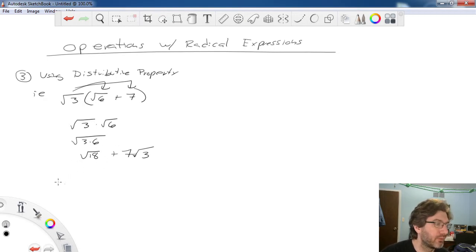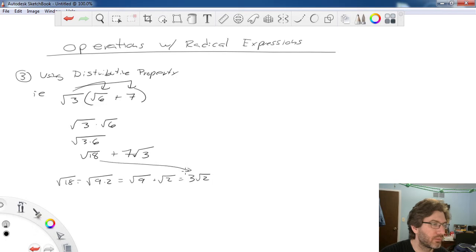So let's go ahead and reduce the square root of 18. The square root of 18 is equal to, any perfect squares in there? 9 and 2. So we get 9 times 2, which is the square root of 9 times the square root of 2, which equals 3 square roots of 2. And that was just reducing the 18, right?